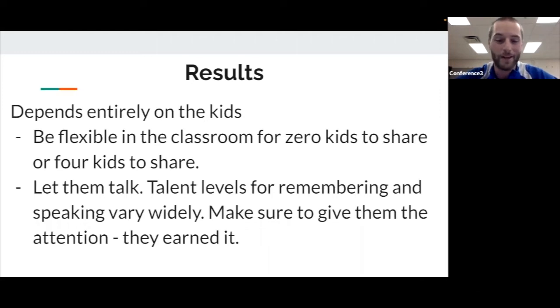When I prep for the week, I just know that at some point I'm going to be asking the kids to share, and I need to be flexible, because some days no one has gone to a meeting. Sometimes I'll get 4 kids and they all want to share because they had something interesting happen. So flexibility is totally key on this.